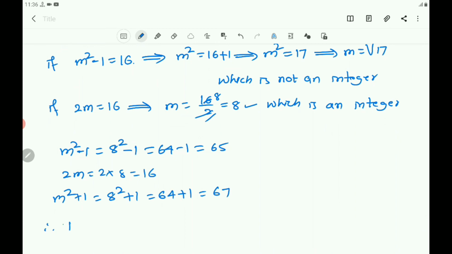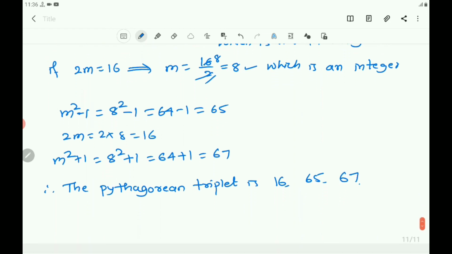Therefore the Pythagorean triplet is, you write the smaller one first, that is 16, 63, 65 when one number is 16.